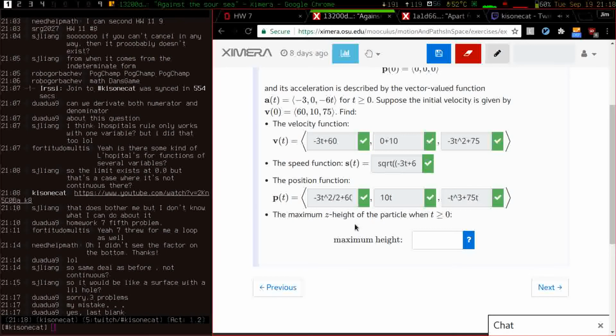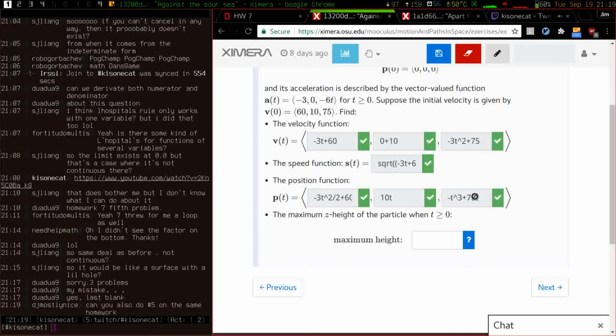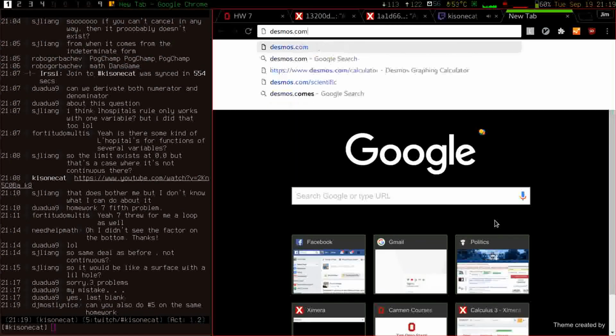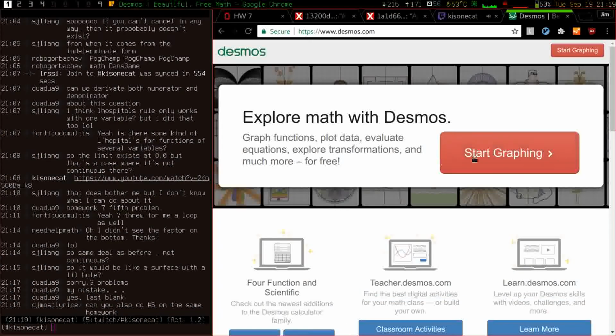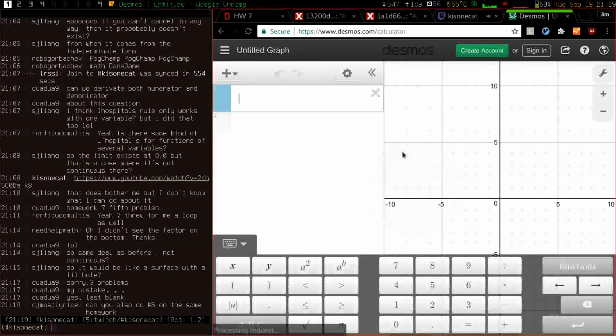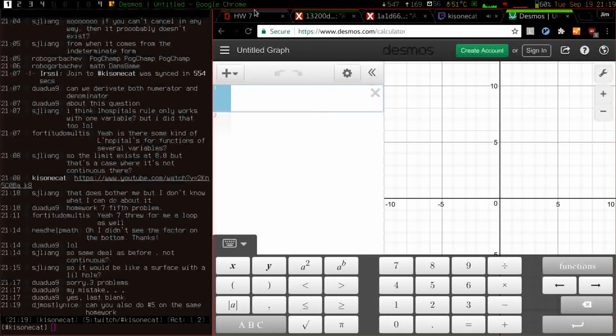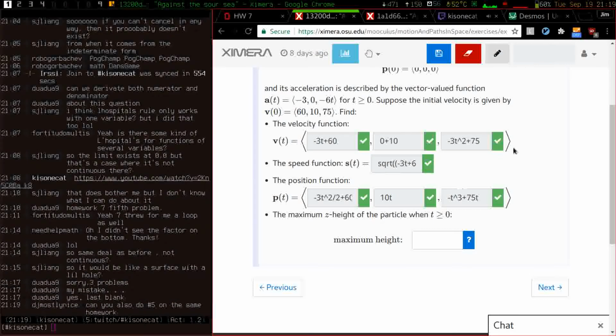And then it's asking me about the maximum z height. That's really asking how large can minus t cubed plus 75t be when t is bigger than or equal to 0. I can show you a plot of this on Desmos if you like, and it's a cubic, so you're not going to be too surprised.